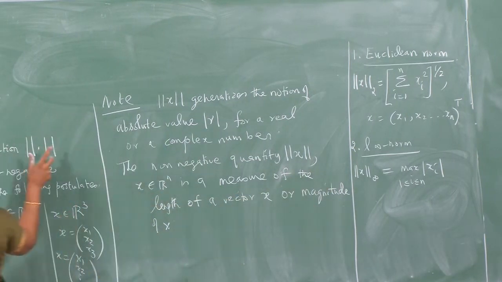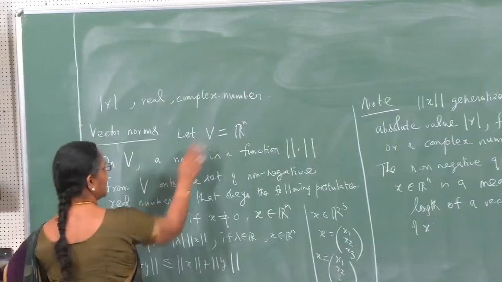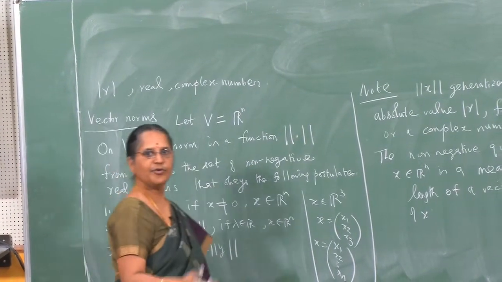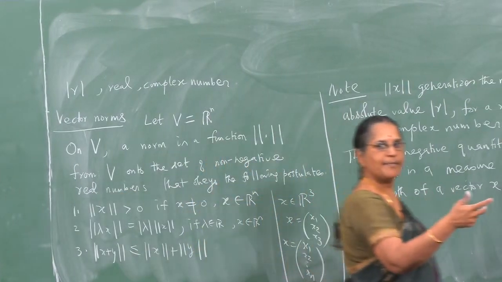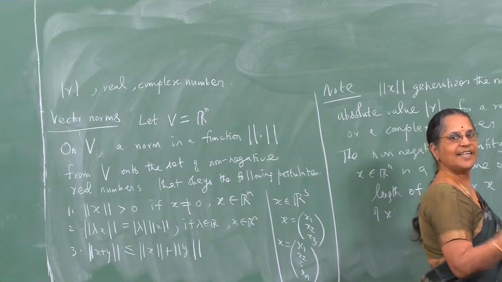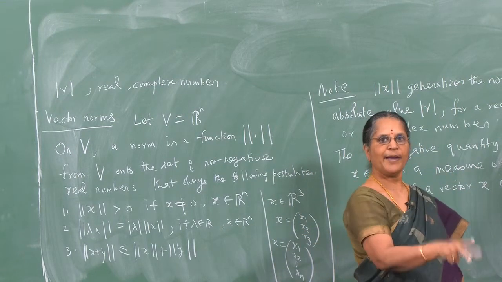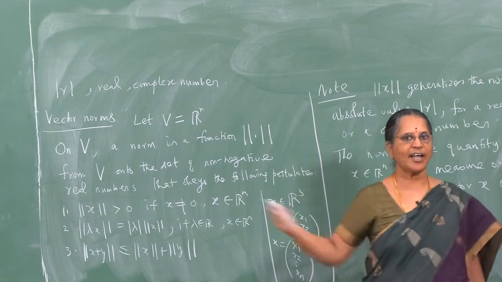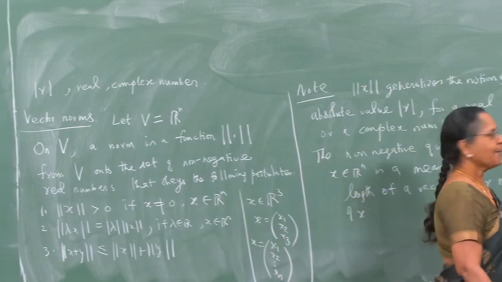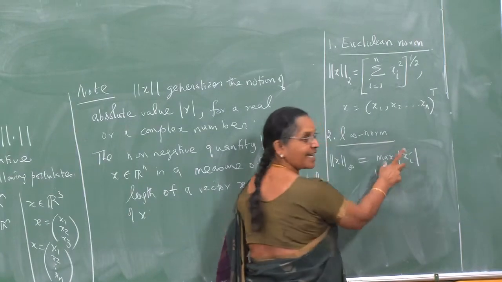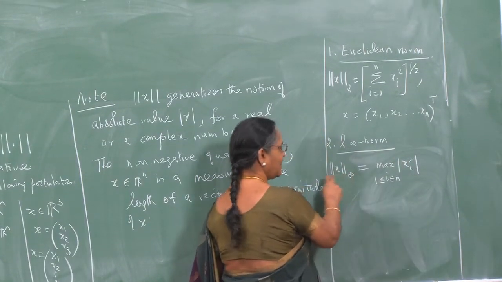Norm is a function from V, that is Rn, onto the set of non-negative real numbers. So, you will end up with a real number, that is the norm of x. Take an x in Rn, then norm x is a real number, which is a non-negative real number. And therefore, I must have a number here when I write down norm x infinity.